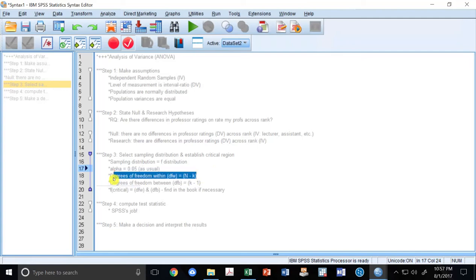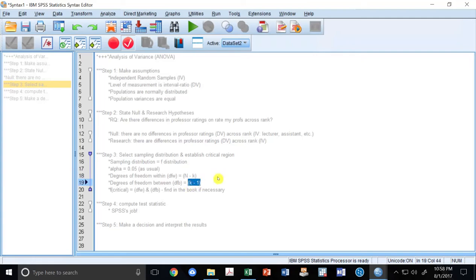Then we have our degrees of freedom within and degrees of freedom between. This helps us find our F critical region. The way we find the degrees of freedom within is N, which is our sample size, minus K, which is the number of groups we have in our independent variable. So that's our degrees of freedom within. So N minus K, sample size minus groups.